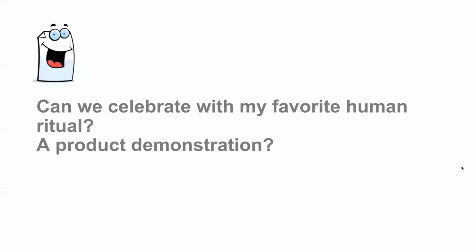Oh, Docky, see, we love you. It's just, we're mixing it up a little. Don't take it personally. Yeah, that was great. You nailed it. That was a really good statement. Can we celebrate with my favorite human ritual, a product demonstration? Sure. Yeah, I want a happy demo? You said demonstration and not something else. Okay, made Kathy happy. So yeah, we can do a demo.